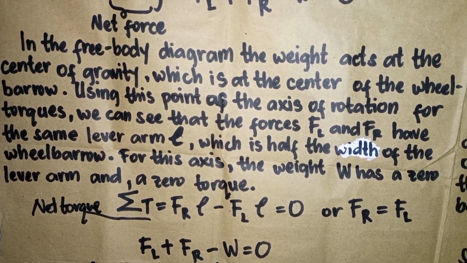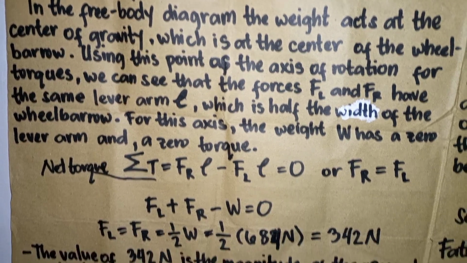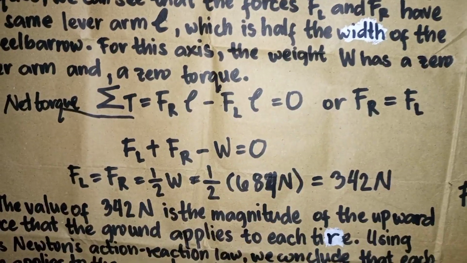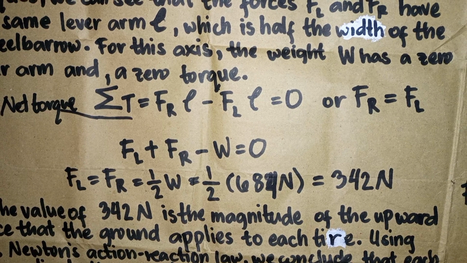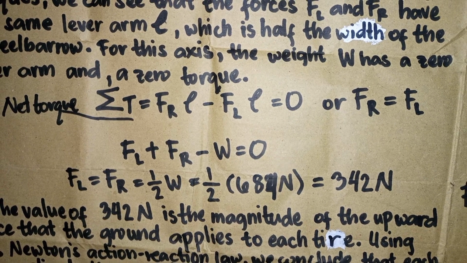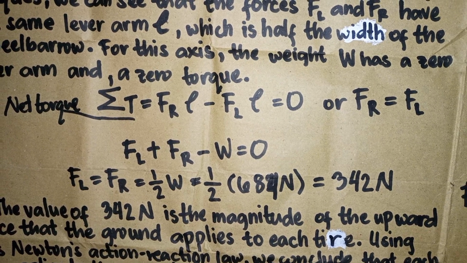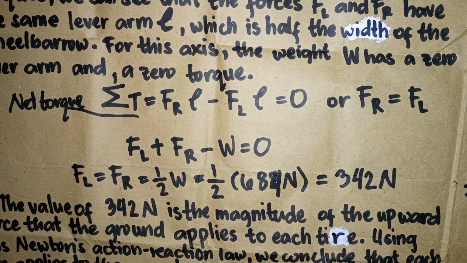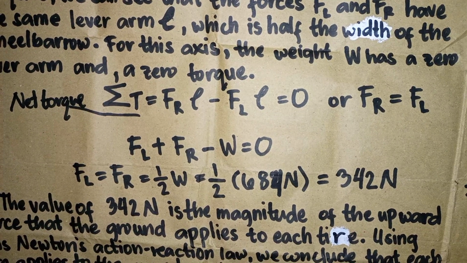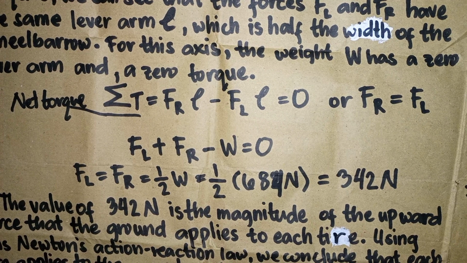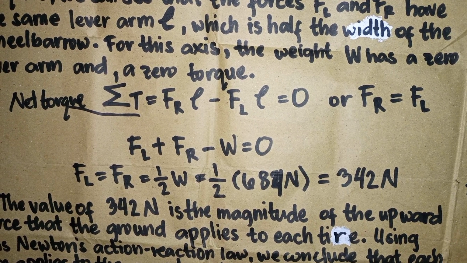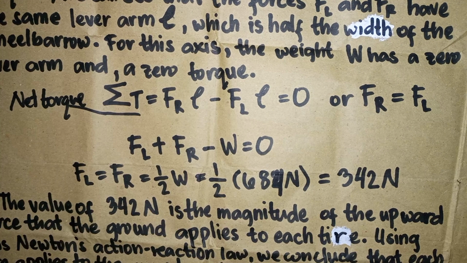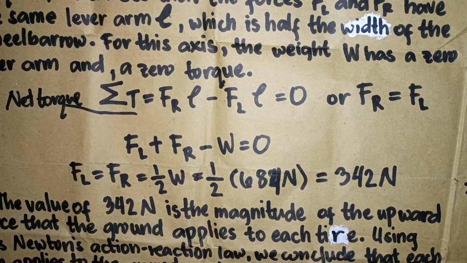So the formula for this is the net torque equals force right times lever arm minus force left times lever arm equals 0, or force right equals force left. So here, force left plus force right minus the weight equals 0 because the wheelbarrow is at rest.